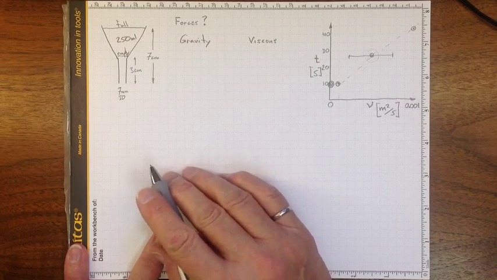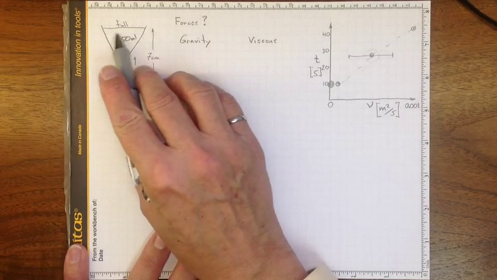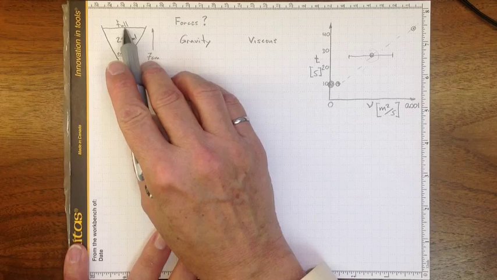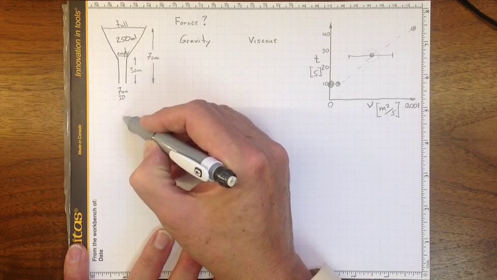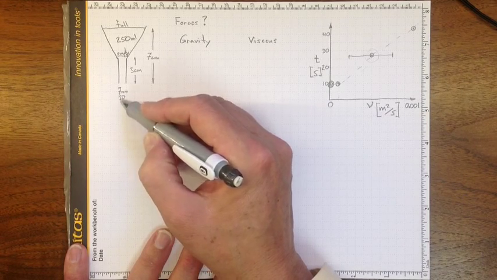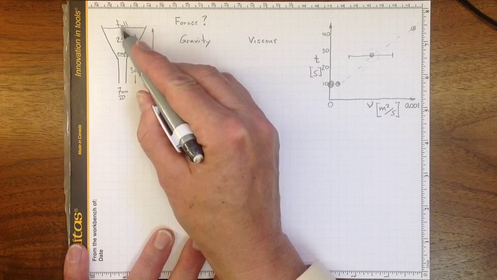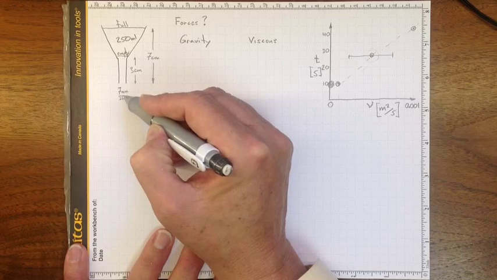Are there any other forces that are involved? The fluid starts out here, it's hardly moving at all up here at the full line. By the time it comes out the bottom, it could be going quite fast. We could be just translating the potential energy of this fluid into velocity down here.